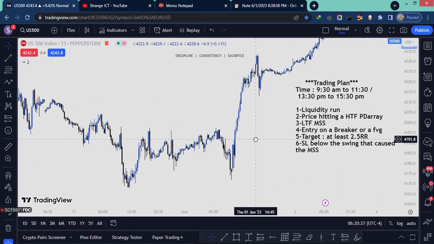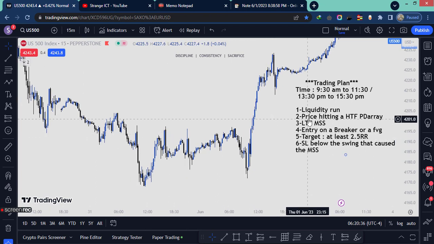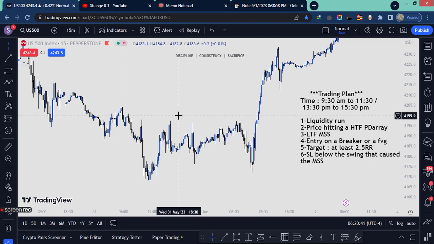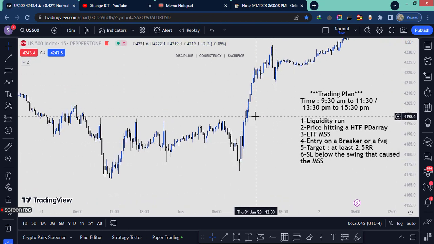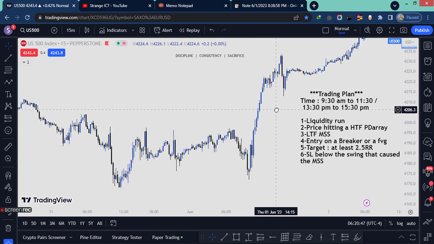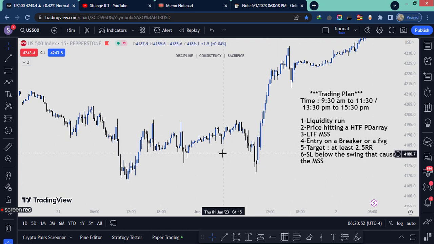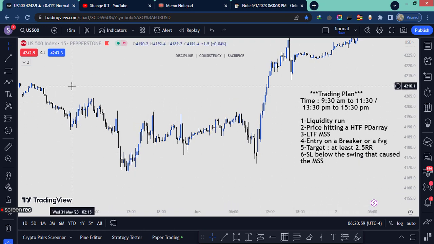For transparency, I did not take this trade because I was monitoring NQ, and NQ didn't give me the entry that I was looking for, so I disregarded the ES 500. When the move happened, I was already late to enter it. So let's go through this plan and apply it to this fraction of price action.